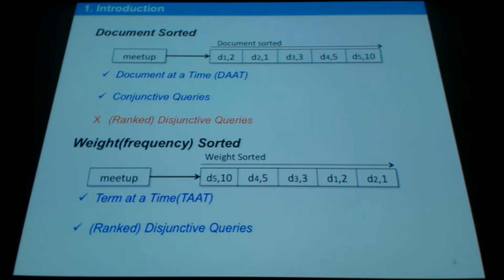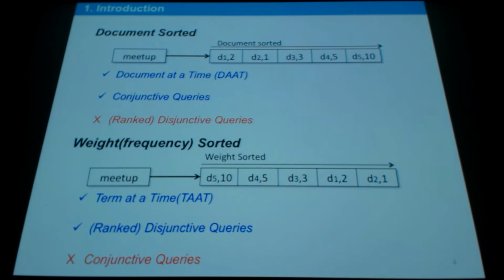It's usually really good for ranked disjunctive queries, that means for unions. But as you can guess, it's really bad for conjunctive queries. As you probably know, in a real query we usually get both. We have to process ANDs, and we have to process ORs, and a bunch of other stuff. These are just the two basic ones.